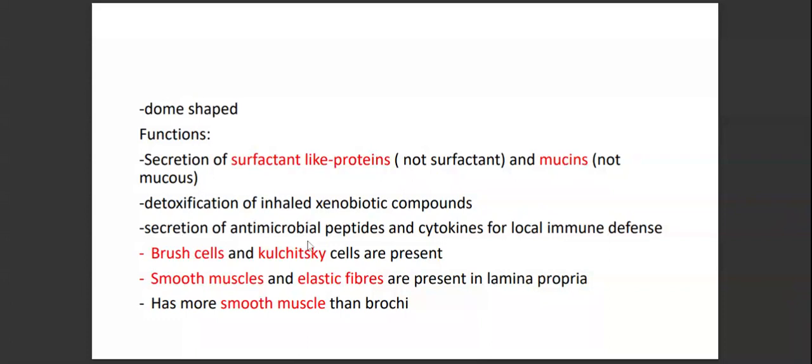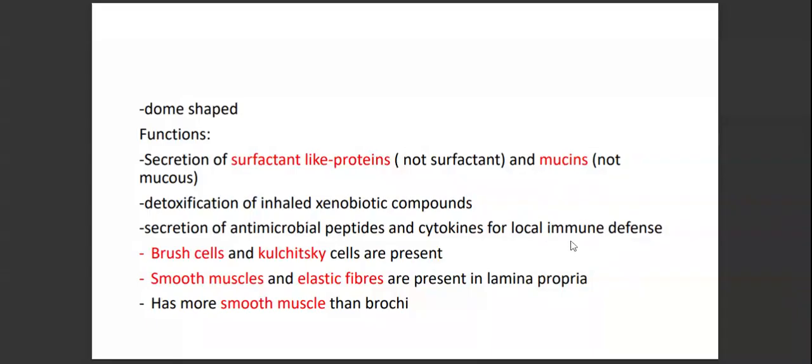Secretion of antibacterial peptides and cytokines for local immune defense is another function of these Clara cells. They secrete antimicrobial peptides and cytokines. Cytokines are communication molecules. Antimicrobial peptides are peptides that work against microbes. That is for local immune defense, within the airway.